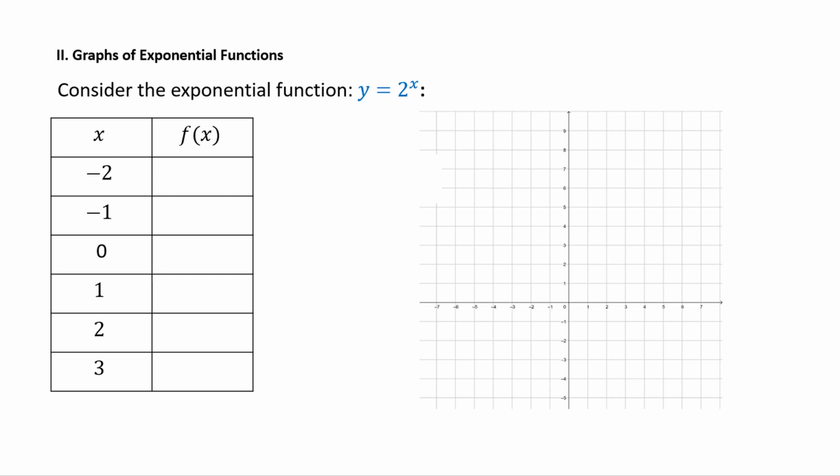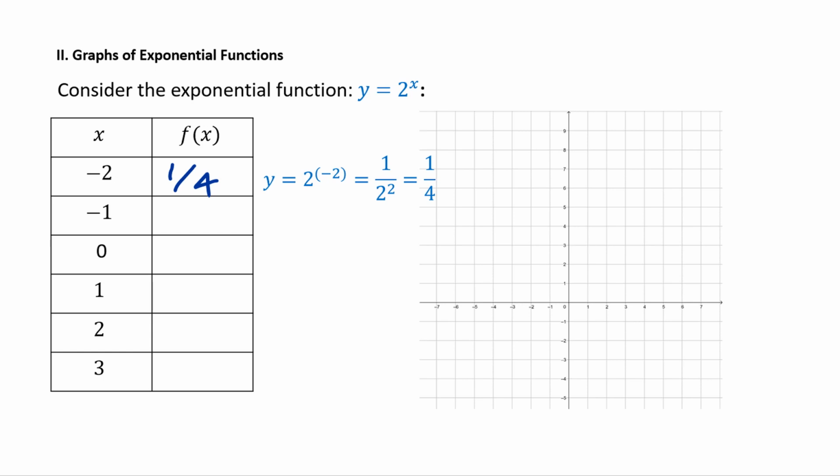For y equals 2 to the -2, recall the laws of exponents. That tells us to write that as 1 over 2 squared. Remember, the negative in the exponent reciprocates that expression, and 1 over 2 squared is 1/4. Let's evaluate at 2 to the -1.